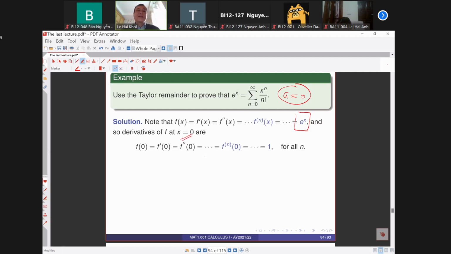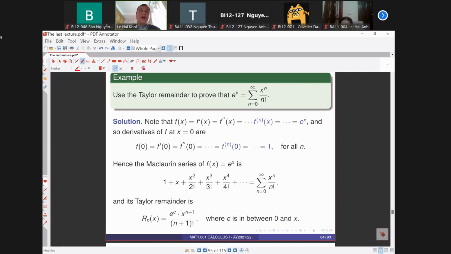Then f at 0 and its derivatives are 1, which means that you have a Taylor series for f(x) at 0, or we have a Maclaurin series. Về nguyên tắc là đạo hàm mọi thứ tồn tại thì chúng ta có Taylor series, nhưng vì là điểm a này là bằng 0 cho nên là chúng ta gọi nó là, như định nghĩa, là Maclaurin series. That is, this one is a Maclaurin series of f.